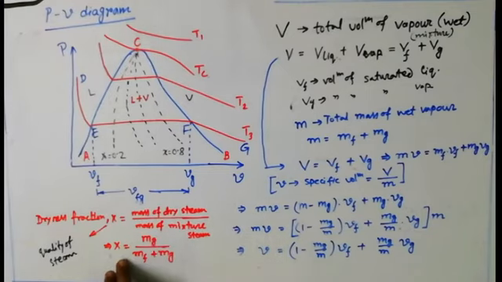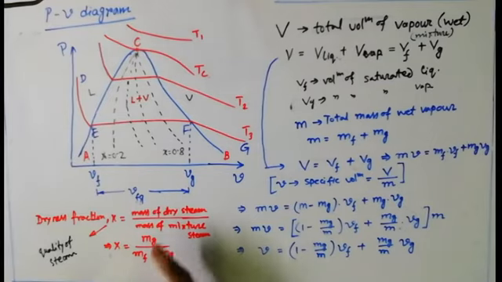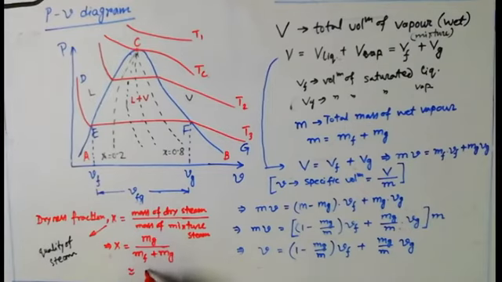So if the dryness fraction value, that is the x value, is close to 100%, it means inside the whole steam the maximum part is dry, isn't it? Suppose the dryness fraction value is 0.5, what does this mean? That means 50%. 50% means inside the whole steam 50% is dry steam, 50% is wet steam.